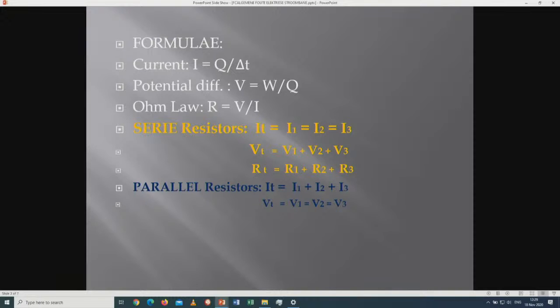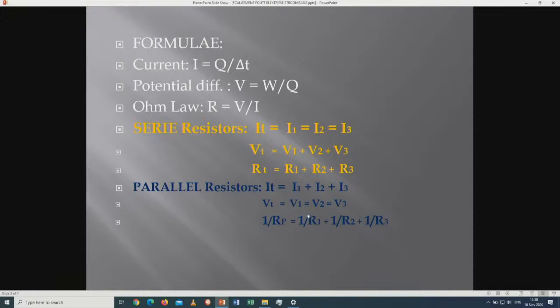Then each of resistor 1, resistor 2 and resistor 3 will get the same potential difference across the resistors, namely 11.5 volts. So the potential difference across the branches is the same.